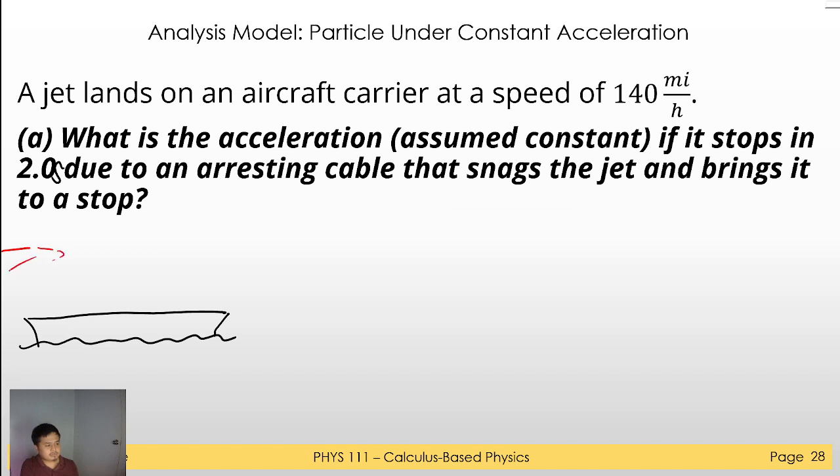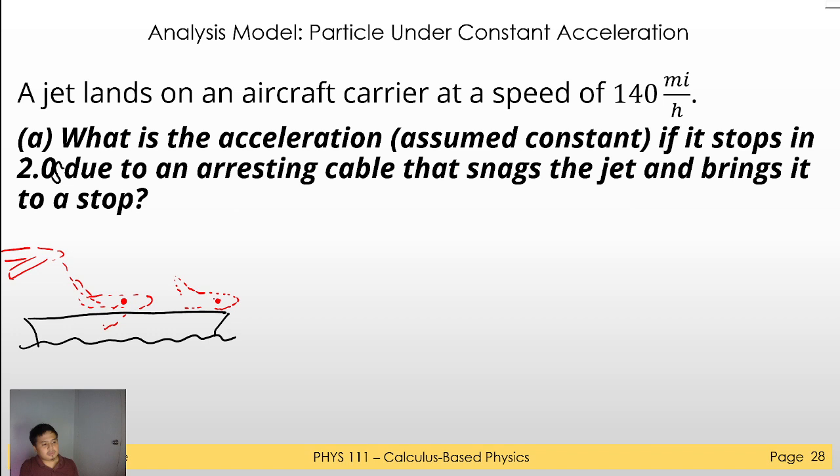I think this is enough. So your jet is going to land on your aircraft carrier. Now it will have this initial position here, and then this final position at which it stops due to an arresting cable.